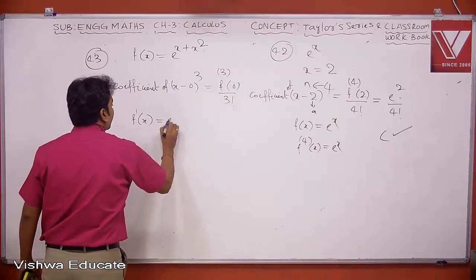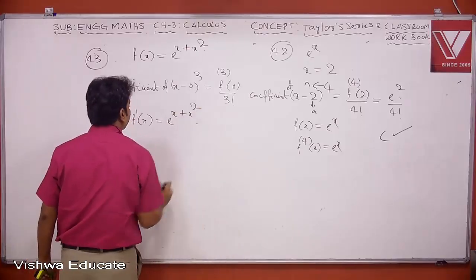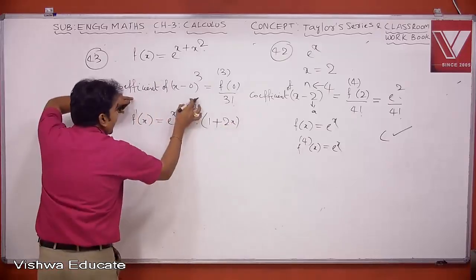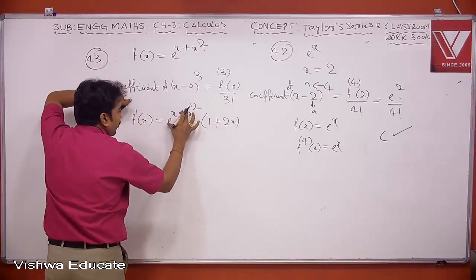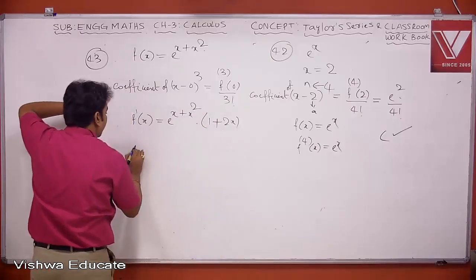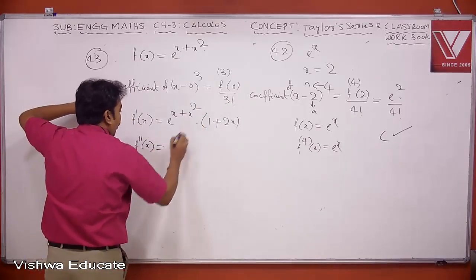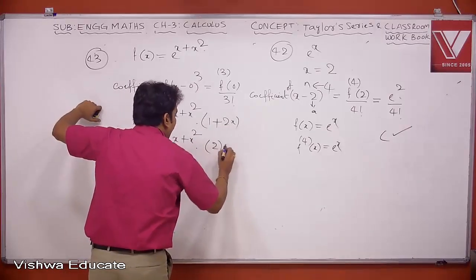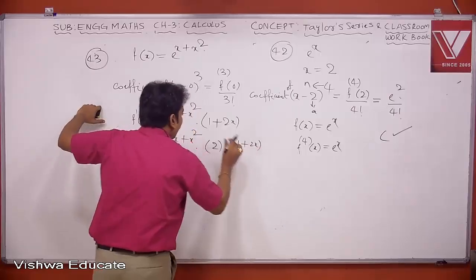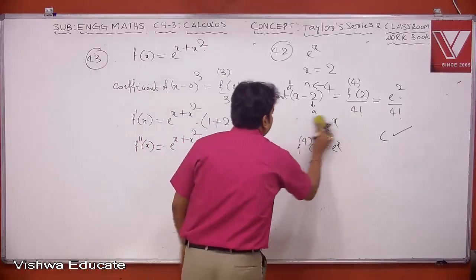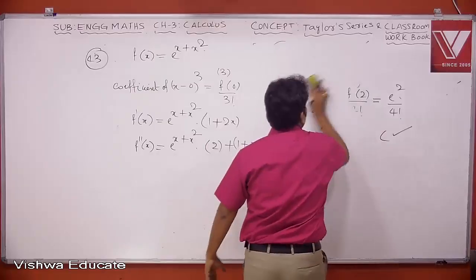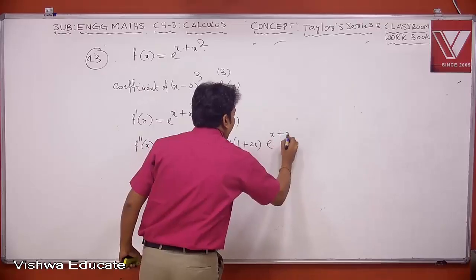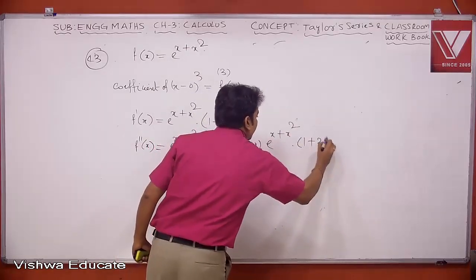Its first derivative is e power (x plus x square) into the derivative of x plus x square, which is 1 plus 2x. E power (x plus x square) derivative is e power (x plus x square) into its derivative 1 plus 2x. Second derivative: apply the product rule. E power (x plus x square) into the derivative of this, 2, plus (1 plus 2x) into its derivative, which is e power (x plus x square) into (1 plus 2x).